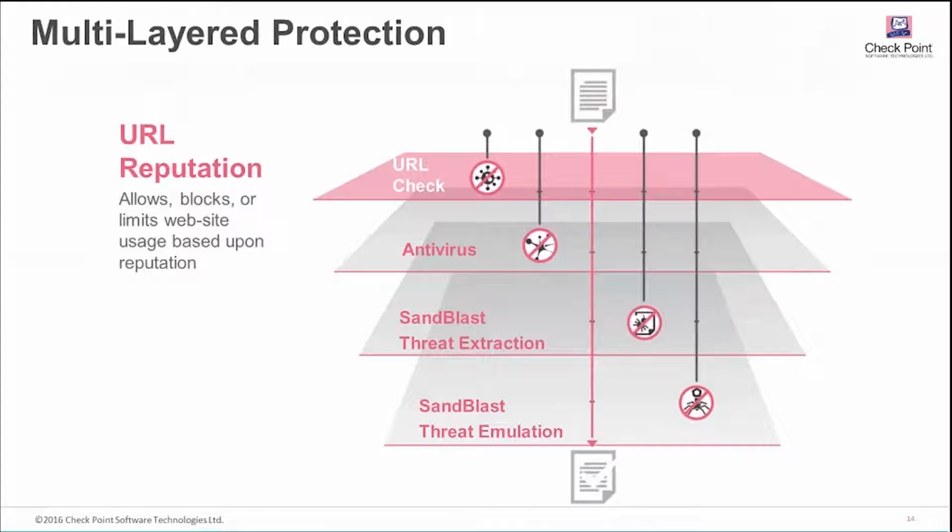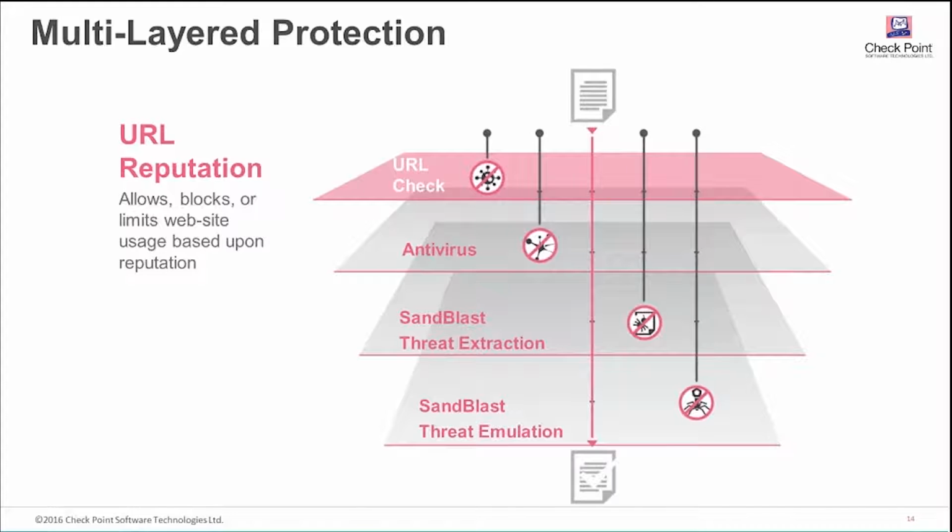It's important to understand also this idea of multi-layered protection, because the reality is that no one solution is going to catch all of the potential threats that are out there. So by checking all of these, first of all, URL reputation checking.